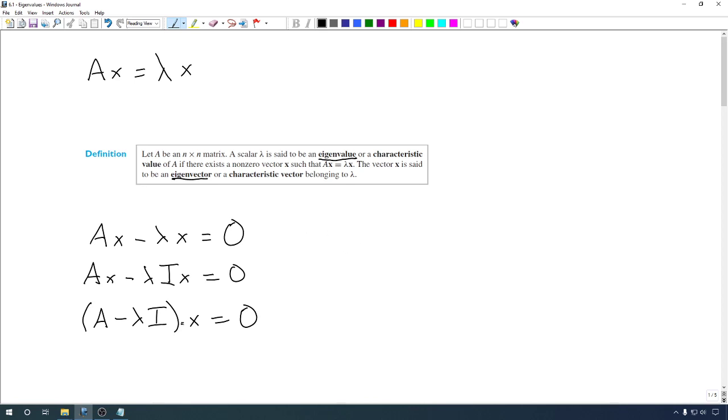First of all, any x here is going to be in the null space of this difference, A minus lambda I. So remember our null space. And what we're saying here is that the null space is not just the 0 vector.